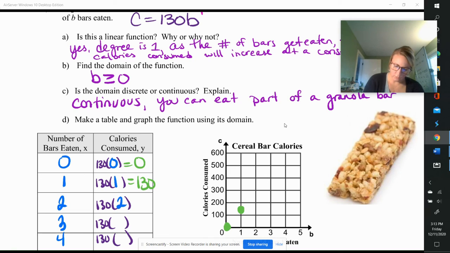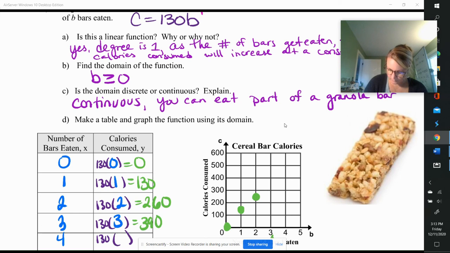If we eat 2 granola bars, we'll consume 260 calories. So when x equals 2, y equals 260. Estimate right between 200 and 300 for 260. If we were to eat 3 granola bars, 130 times 3 is 390.